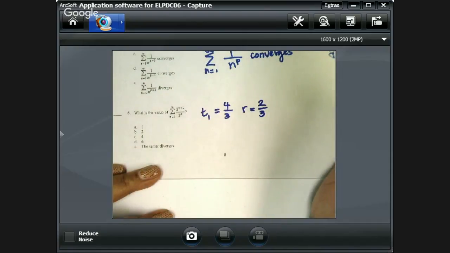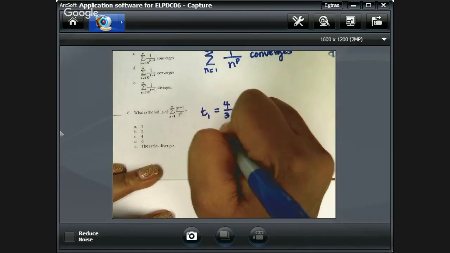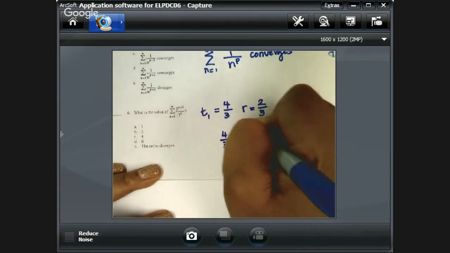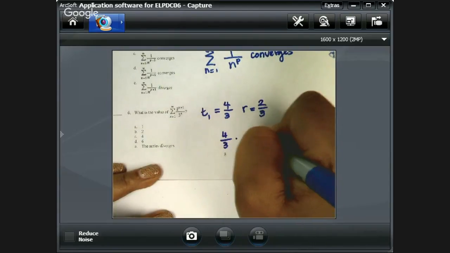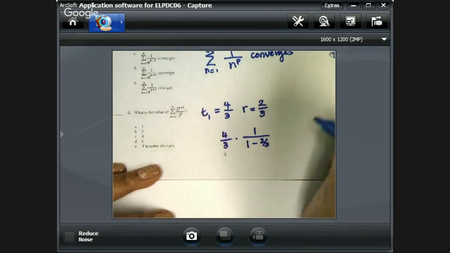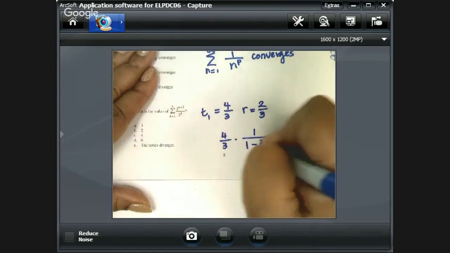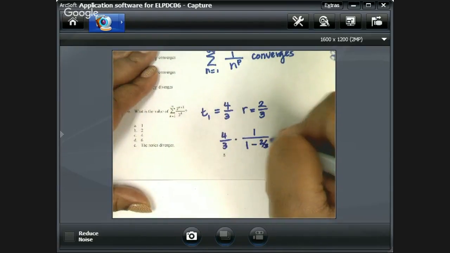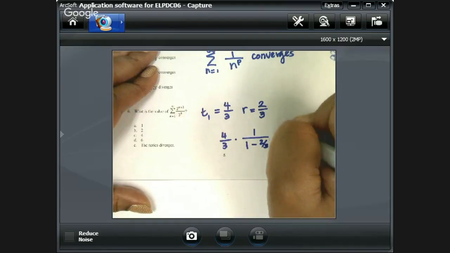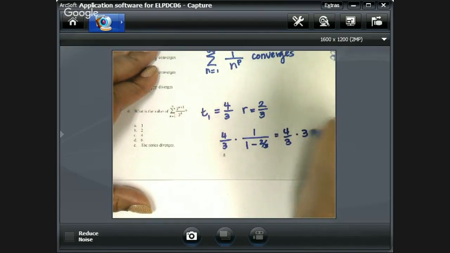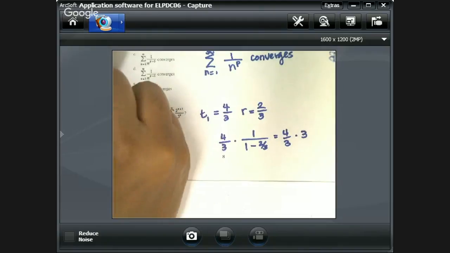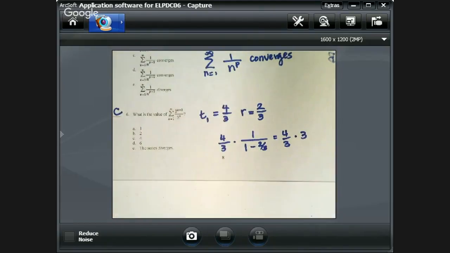So the sum of this series is 4/3 times 1 over 1 minus the common ratio. So 1 minus 2/3 is 1/3. I reciprocate that, that's 3. So that's 4/3 times 3, which is 4. So the answer to number 6 is C.